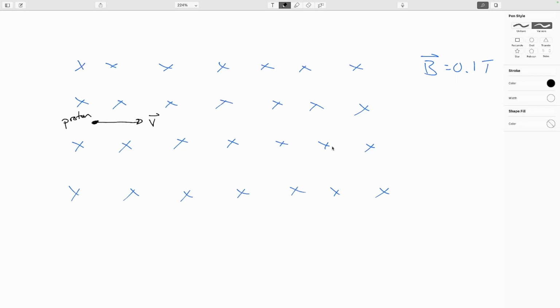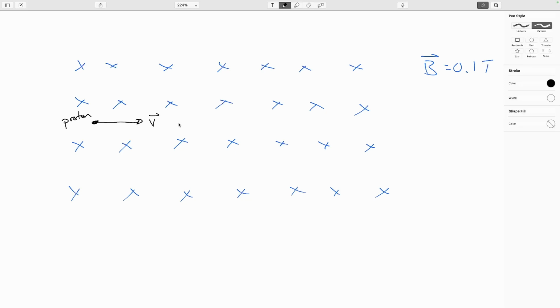Okay, so in this case here, what you should be doing is pointing your index finger to the right, because this is a positive charge going to the right. That's a conventional current of one whole charge. It's a conventional current going to the right, so the I for your index finger should point to the right.